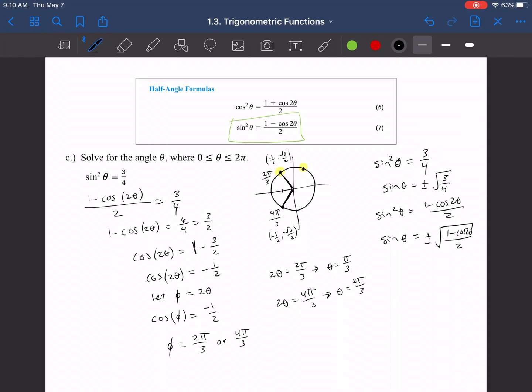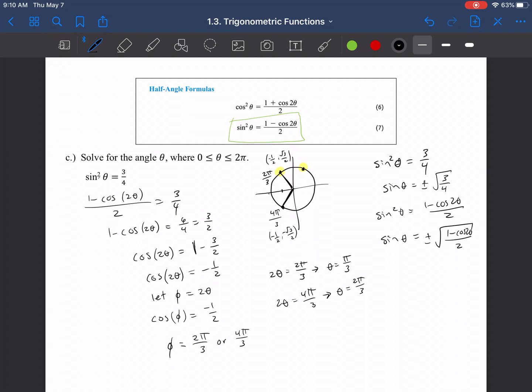Which means that we have to worry about plus or minuses. So if we look at something like sine equals plus or minus the square root of 3/4, where when we square it we get 3/4.